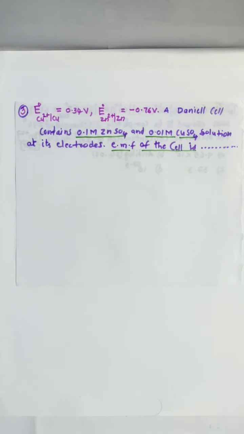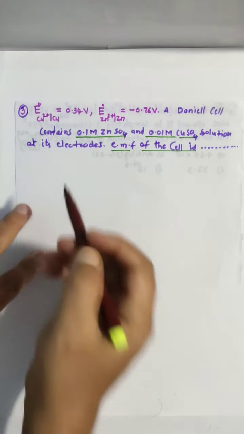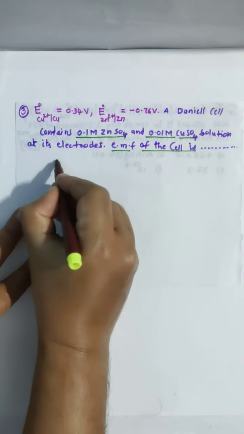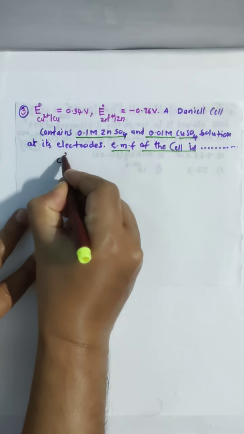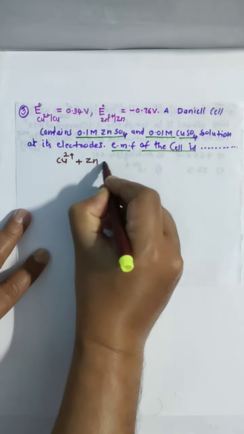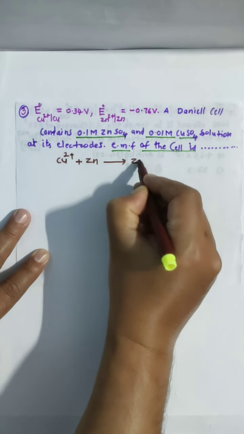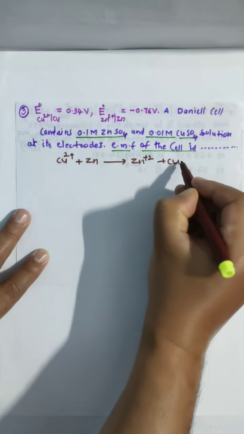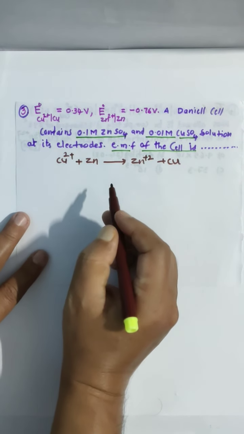EMF calculation is very easy. Let me calculate the EMF of the cell. Look here. First we have to write the equation, the Daniell cell equation: copper 2 plus plus zinc giving rise to zinc 2 plus plus copper. Zinc is always oxidation, copper reduction in the Daniell cell. Clear?